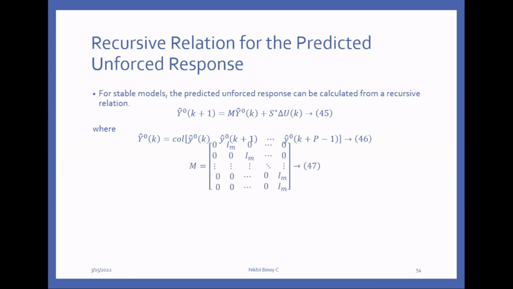M is equal to 0 Im 0 0, 0 0 Im 0, etc. The last two rows are similar: 0 0 etc. 0 Im, 0 0 etc. 0 Im. S star is equal to S1, S2, etc., Sp minus 1, and the last element is Sp. We are considering a single row. So this is the recursive equation. I am not giving much explanation about this one.